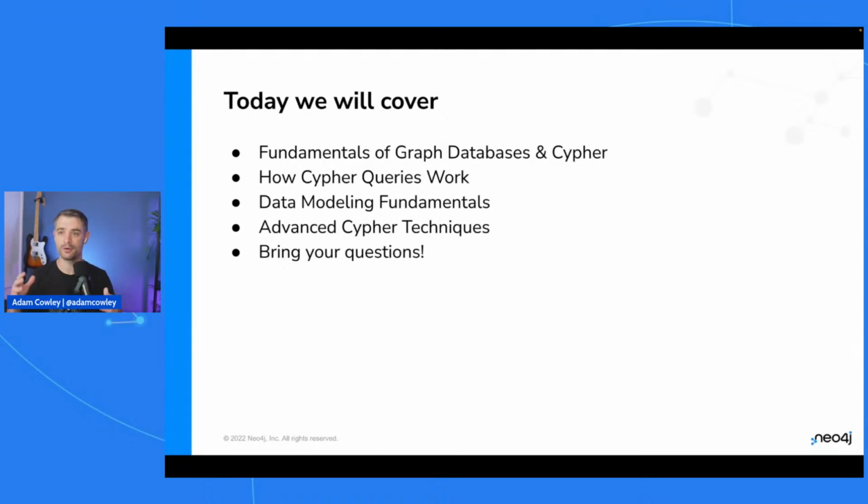I'm going to show you how a Cypher query actually works, and then elaborate on how we can write performant Cypher and use some modeling techniques to improve how we model the data, and then how we query the data as it comes back. Then we'll start writing some Cypher.